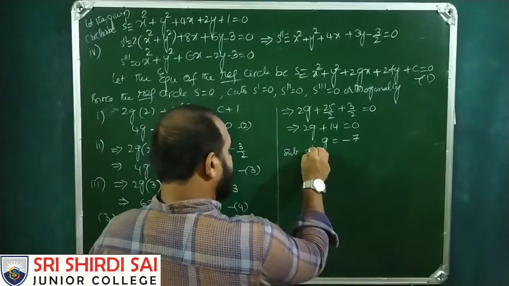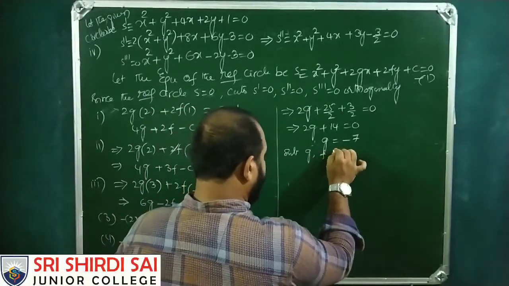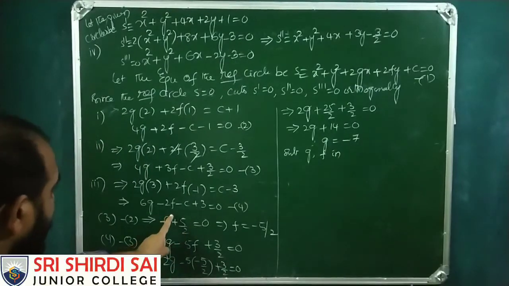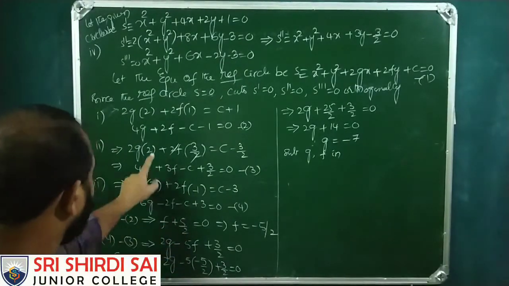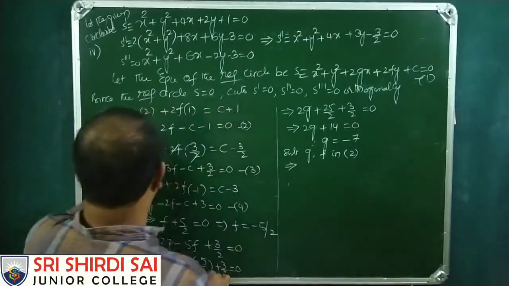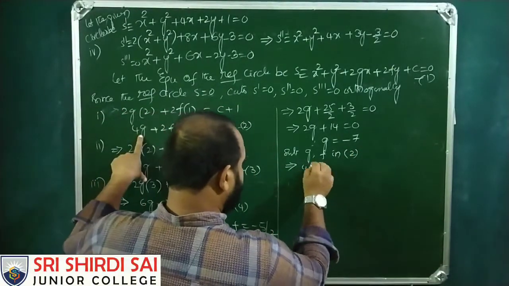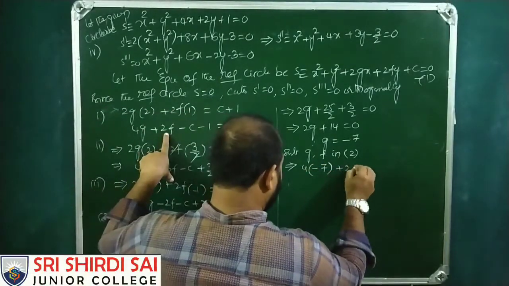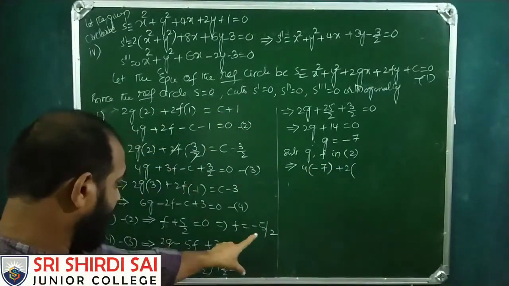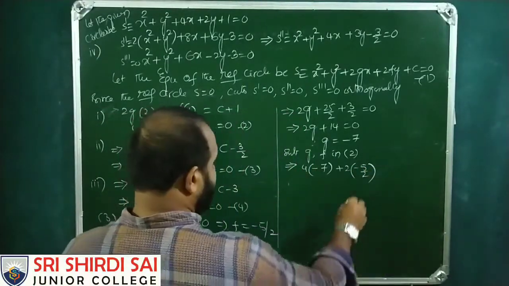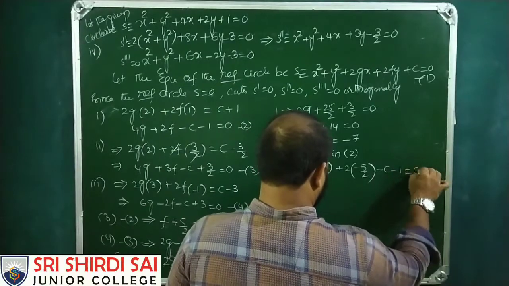Substituting g, f in any one of the equations, like the fourth equation or the second equation, implies 4 into g value which is minus 7, plus 2 into the value of f which is minus 5 by 2, minus c minus 1 equals to 0.